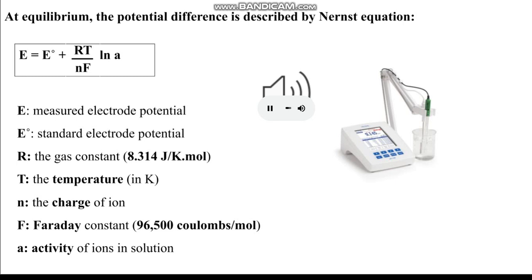If you plot on the y-axis the potential and on the x-axis the ln activity, the relationship is linear, with E naught as the intercept with the y-axis, and the slope equal to RT over nF.